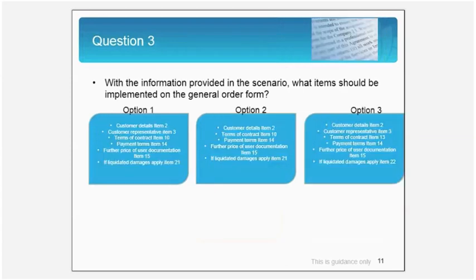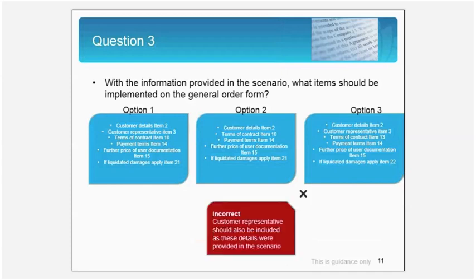Let's now examine, given the scenario, what items should be implemented on the general order form. Let's take a few moments to look at the three options. Option 2 would be the incorrect option since it does not include a customer representative item, which is detailed in the scenario.